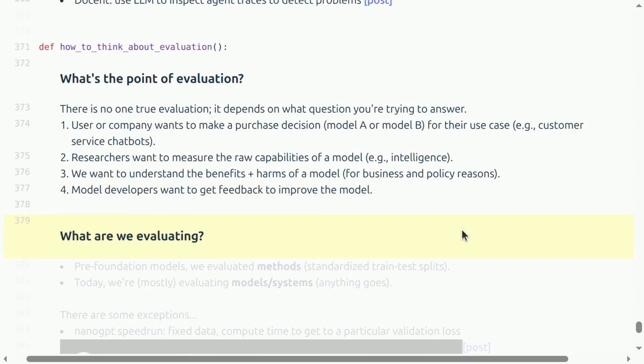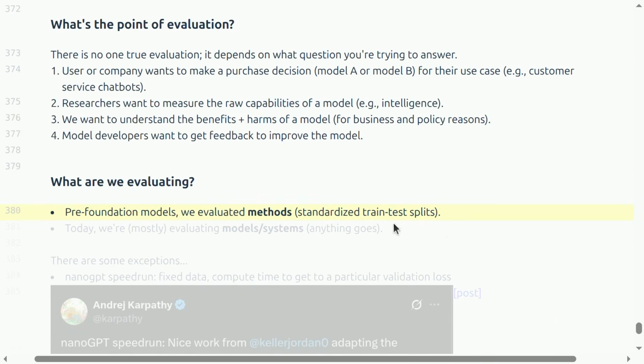And finally, one thing to address, which I hinted at briefly, is: what are we even evaluating? Before foundation models, researchers evaluated methods, because we had these train-test splits, and the only thing that was varying was the actual algorithm. Today, we're mostly evaluating models and systems where anything goes.